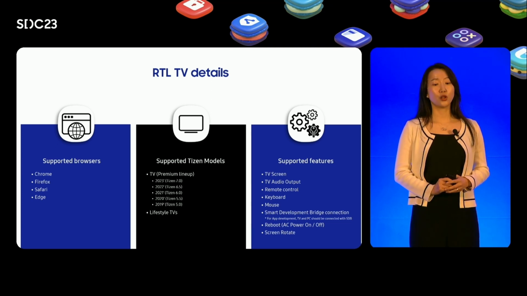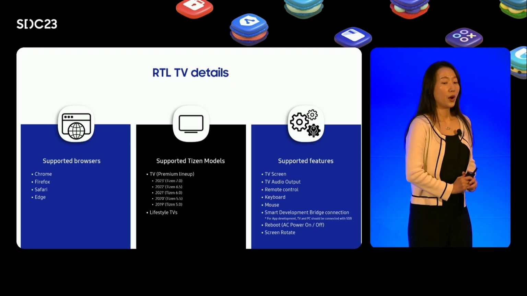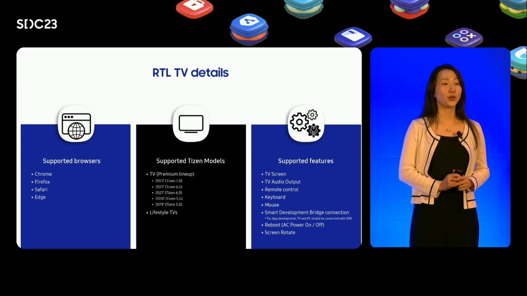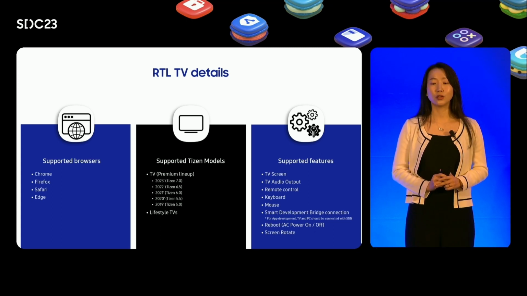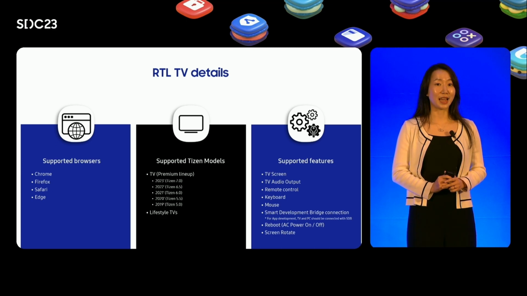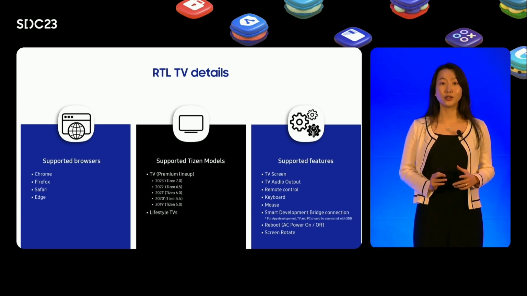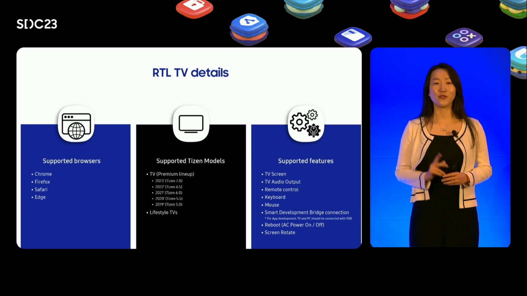Future plans include supporting devices like smart monitors. Also, RTL TV supports models from Tizen 5 to 7, which include the latest models from 2019 to 2023. That's a whole 5 years' worth of models at your fingertips.